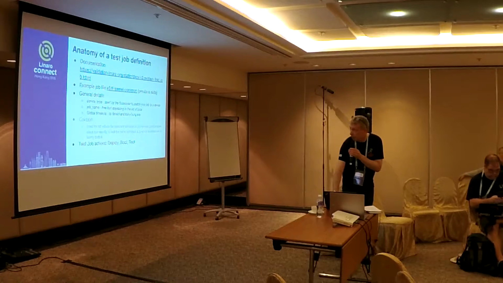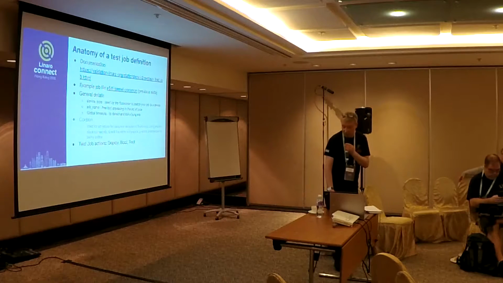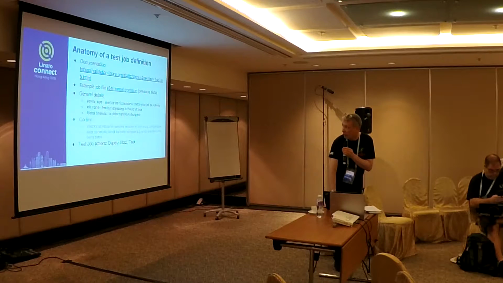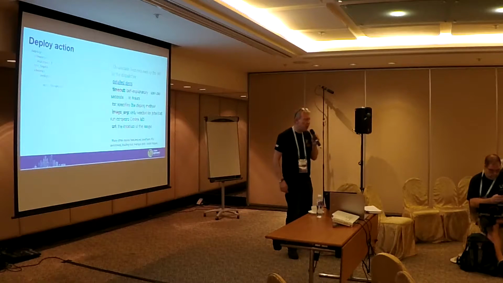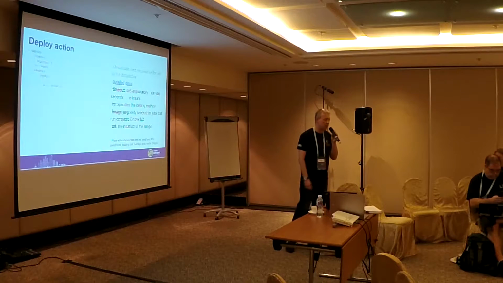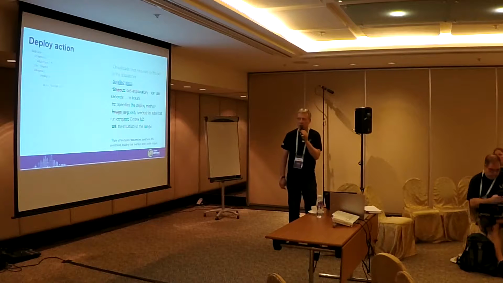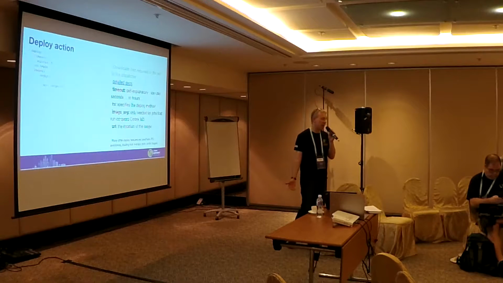I'm happy to go through in some detail, or the documentation goes through in some detail, the anatomy of a test job. The deploy action is probably quite interesting and mystifying to people from LITE, because the deploy action is incredibly simple. You just give it a URL, and it's basically go and get that.